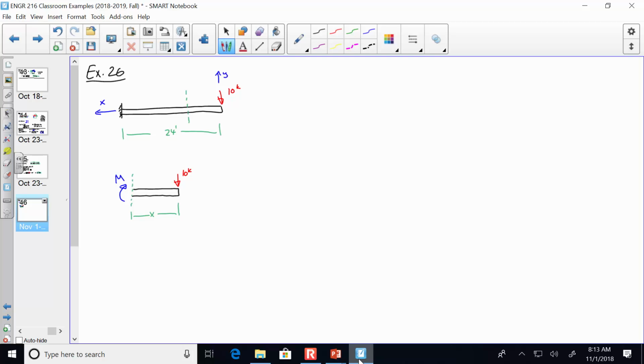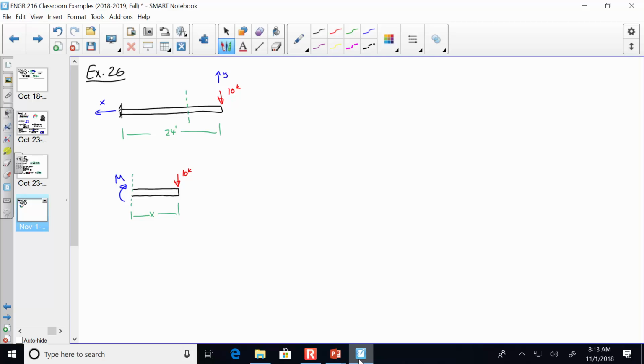Okay? The nice thing about, and here's the reason why defining the origin at the free end usually makes your life a little easier from an algebra standpoint: when I cut a section here and I look to the right, all I see is this 10 kip load at the free end, right?